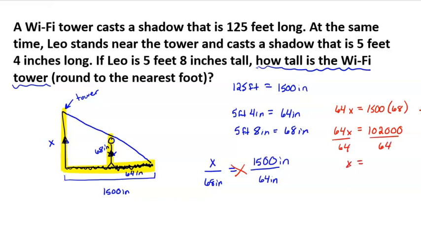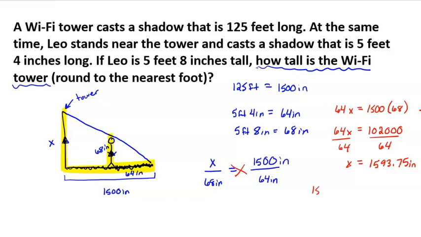And I get 102,000 divided by 64 gives me 1,593.75. Now remember, this is in inches, okay? And I want to go to the nearest foot. So now I'm going to convert that back into feet.